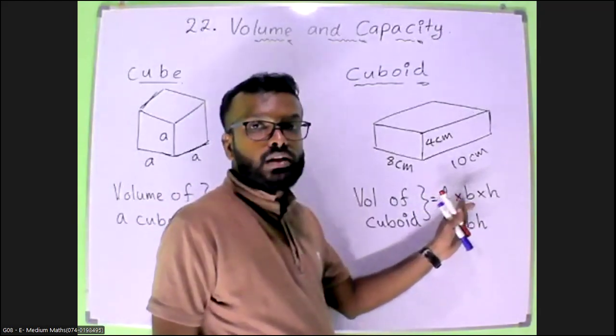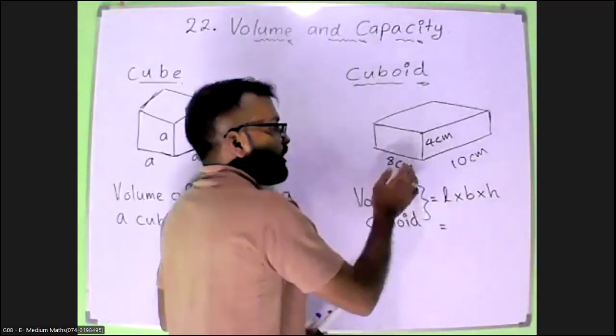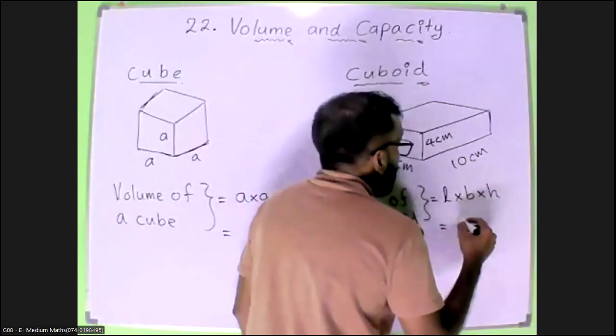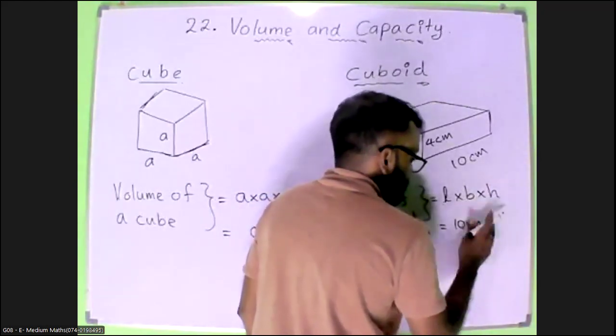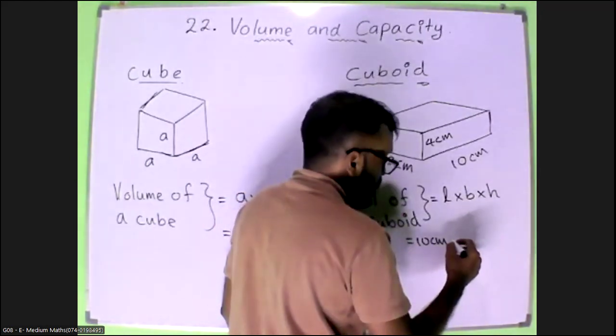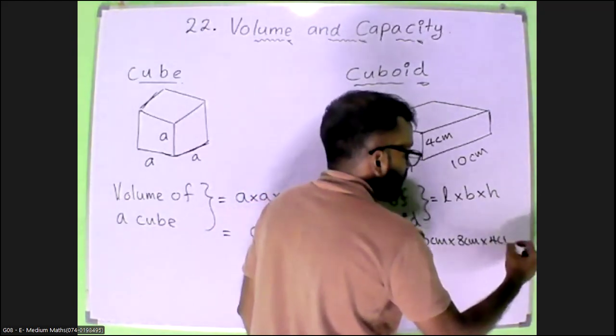This is how we are going to find the volume: length into breadth into height. Now I am going to multiply length, breadth, and height. 10 centimeters multiplied by 8 centimeters multiplied by 4 centimeters.